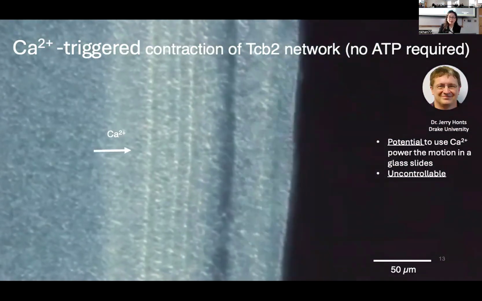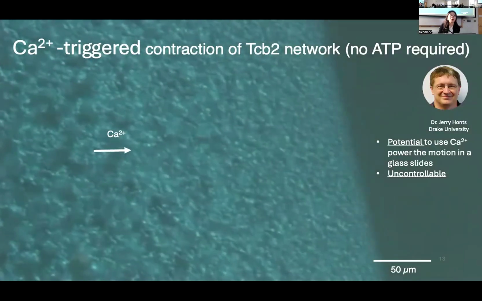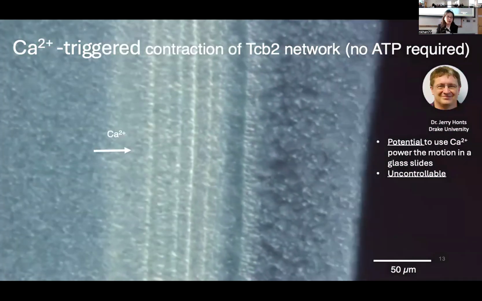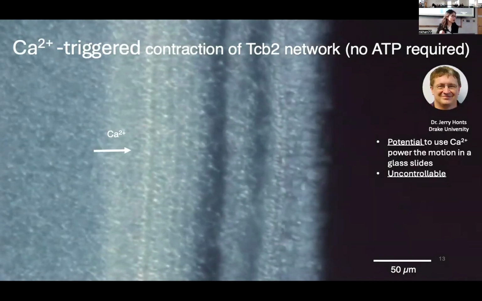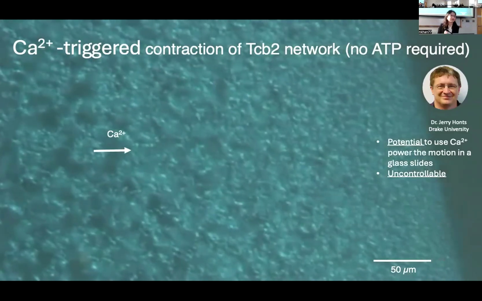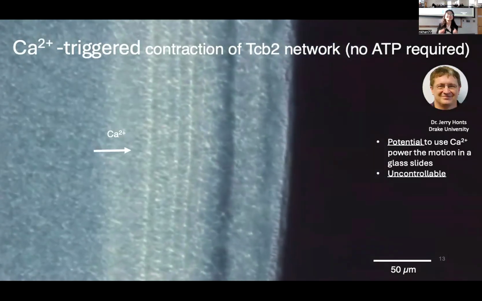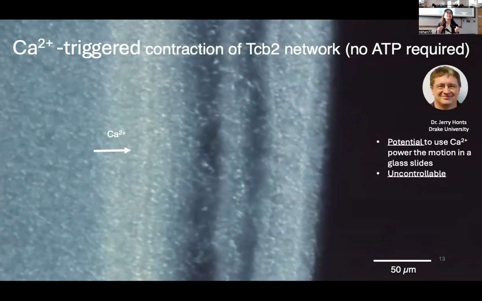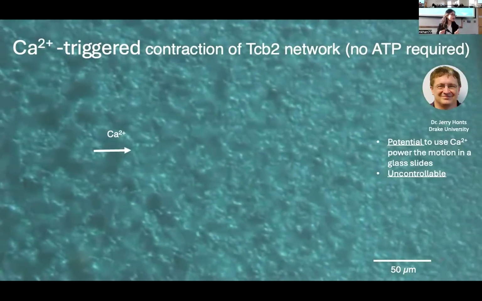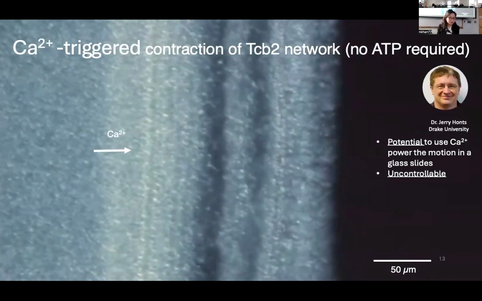Once the calcium gets into the system, the TCB2 goes through a phase transition from solution to gel. If we zoom in to see the boundary, we can see it generates a wave going back into the system. This is so exciting for me because this example shows the TCB2 protein can generate enough contractile force and could help us reconstitute this calcium-powered system in our lab.